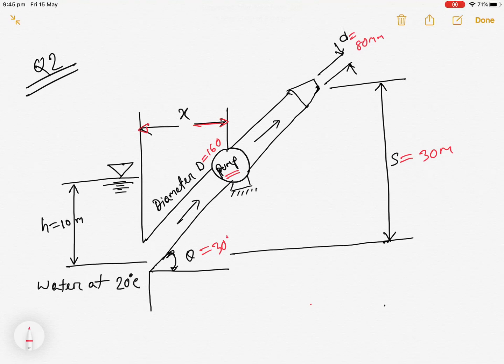It occurs because there is not enough pressure at the suction end of the pump, or you can say the net positive suction head is insufficient in that section. So when cavitation occurs, air bubbles are created at that section due to the low pressure.